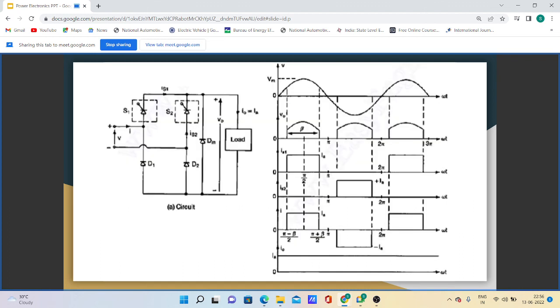In this slide, for symmetrical angle control, the graph is plotted for the respective circuit diagram. As I said, the gate pulse is given at pi minus beta and turn on at pi plus beta.